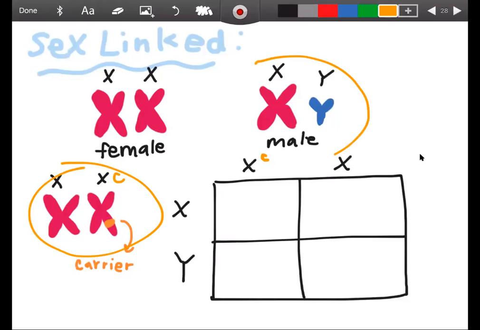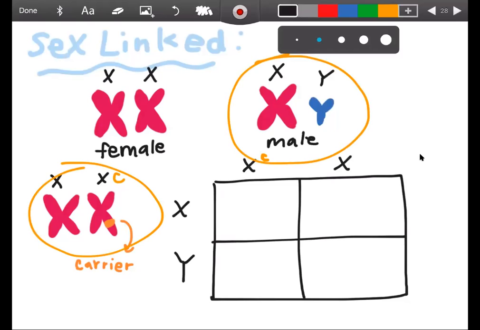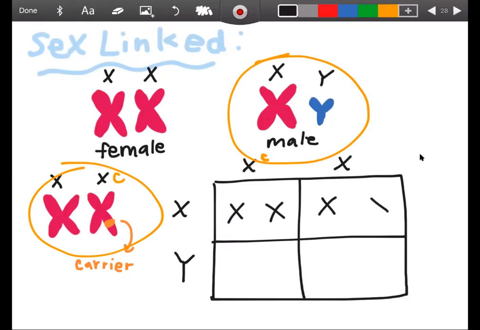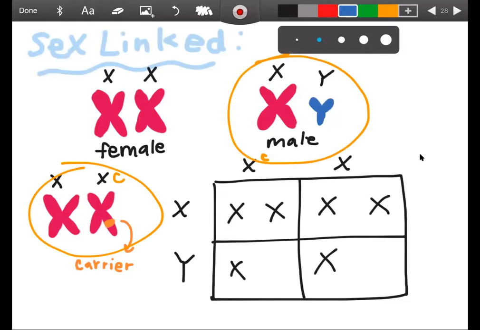So let's say that this female right here had offspring with this male right here. There's a 50% chance that the offspring is going to be male, 50% chance that it's going to be female.